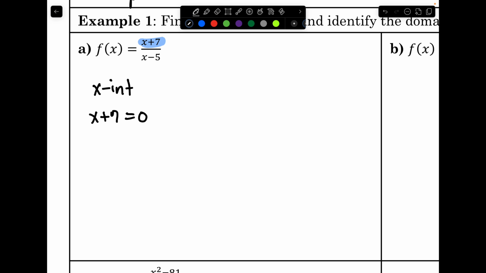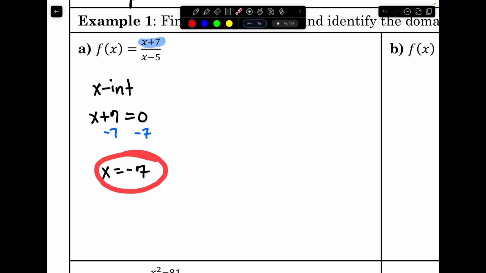When is this going to equal 0? Just like in any equation, any polynomial, any function, to find the x-intercept, we replace the y value, the output value, with 0, and then solve the equation. This requires us to simply subtract 7 from both sides. So x equals negative 7. This would be the x-intercept, assuming that this number is not excluded from the domain.